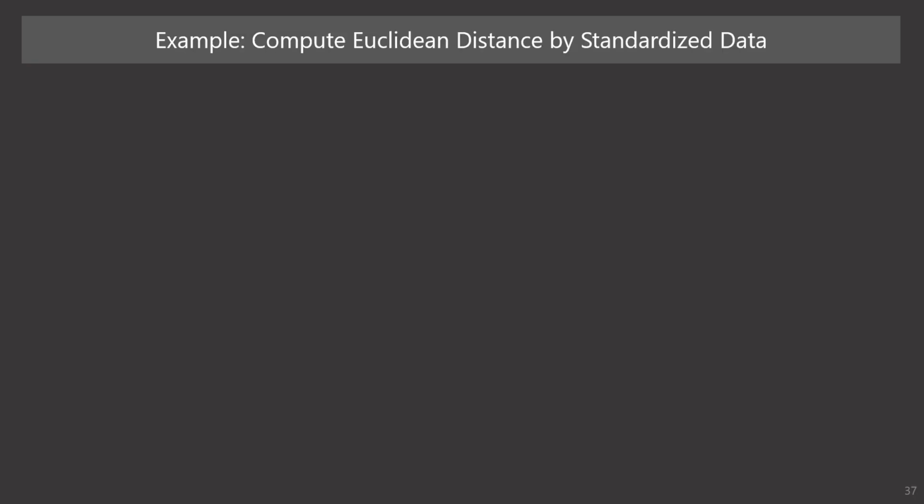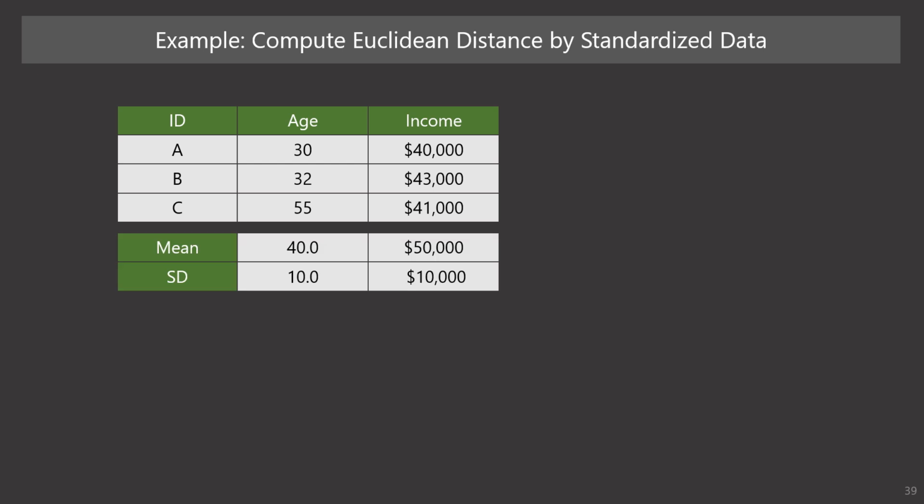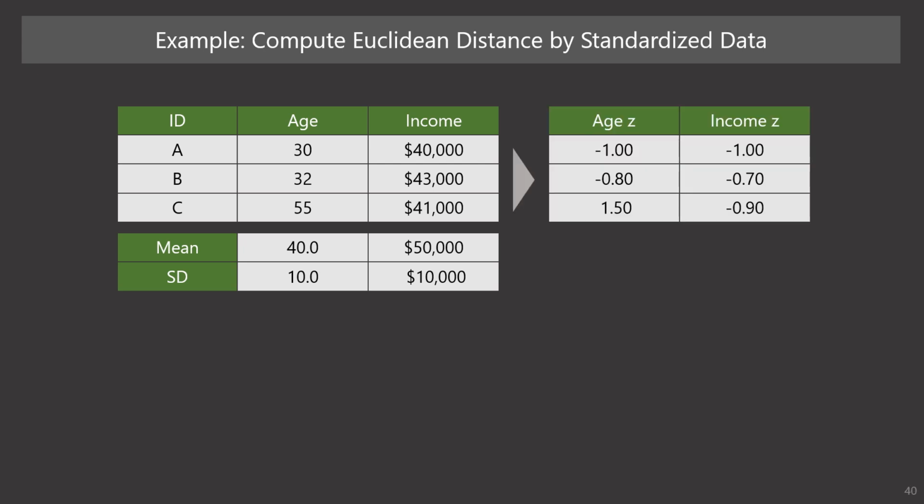As an example, let's compute the Euclidean distances using standardized customer data. This is the original dataset, displaying only 3 cases. Suppose these are the mean and the standard deviation of each variable. Using these values, we can standardize the data.